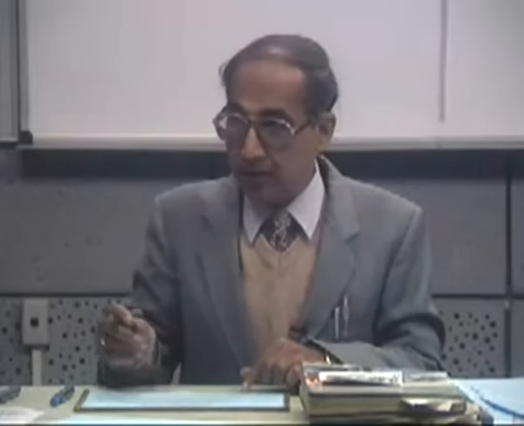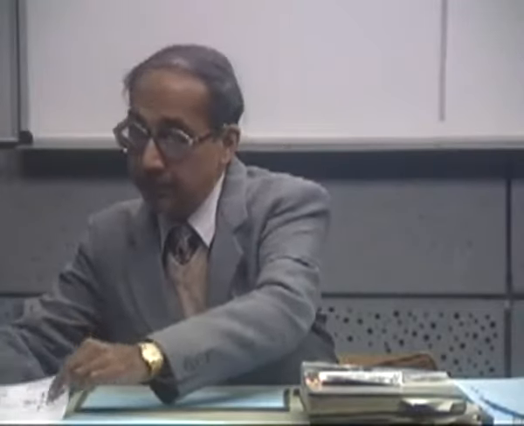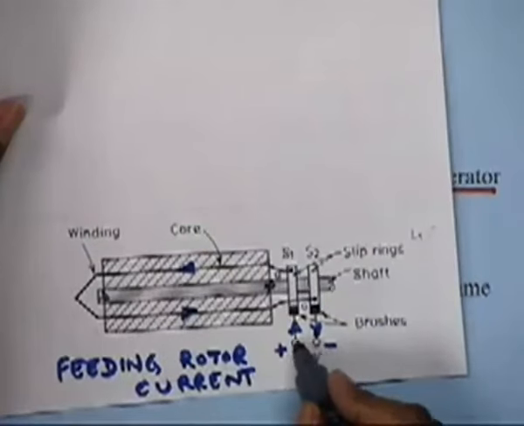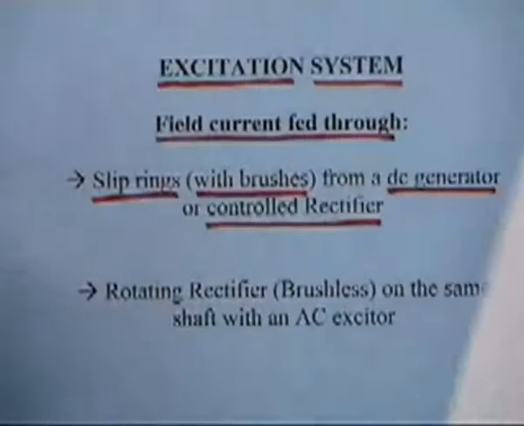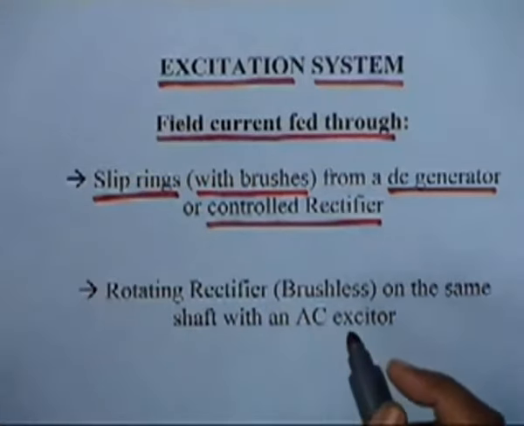Okay. So as we have seen earlier, in this arrangement these 2 points must get DC current from a DC source. That is done through the DC generator or a controlled rectifier.